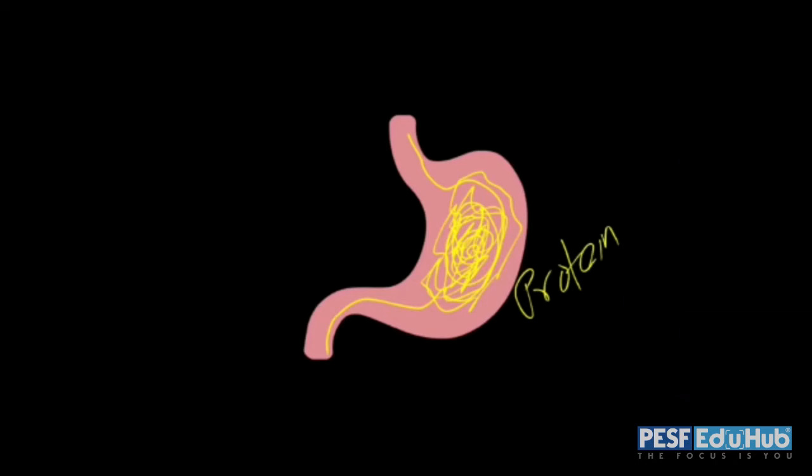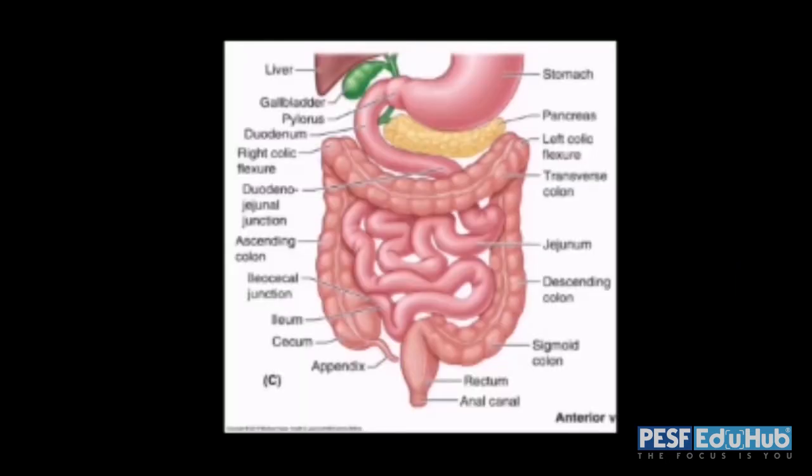Then let us move to the next part, that is the duodenum. See here a C-shaped or U-shaped duodenum. It is the anterior part of the small intestine.